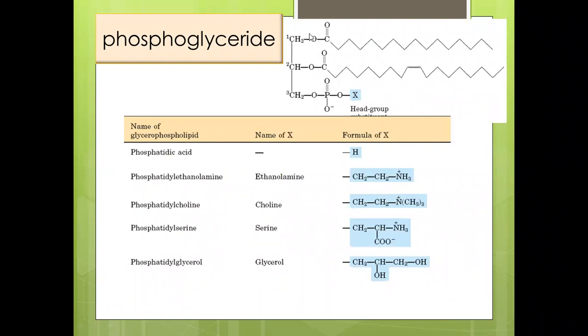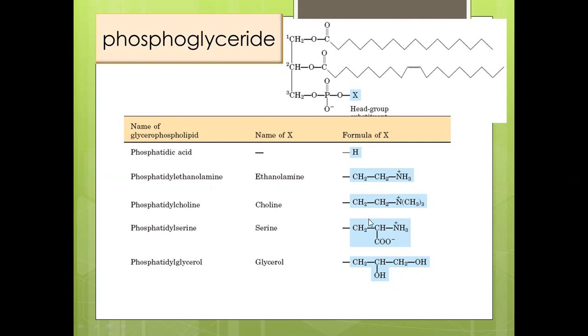You have the ester, you have the fatty acids bonded, which is unsaturated, phosphate, and the X. Your X again can be just hydrogen. Then you have your phosphatidic acid. You have ethanolamine, you have phosphatidylethanolamine, choline, phosphatidylcholine. This is like your lecithin in the egg yolk.